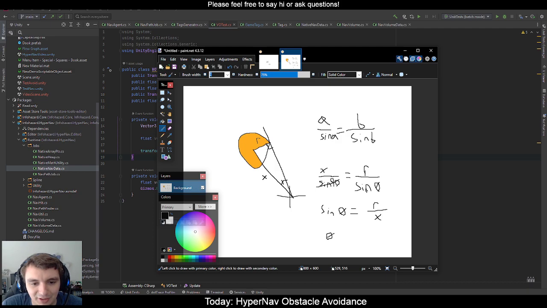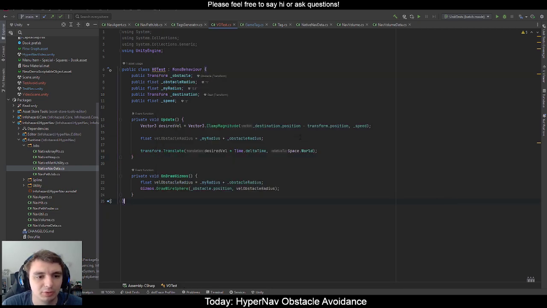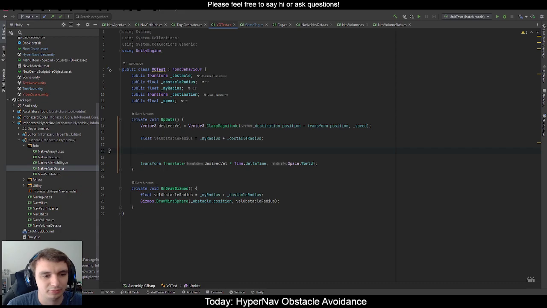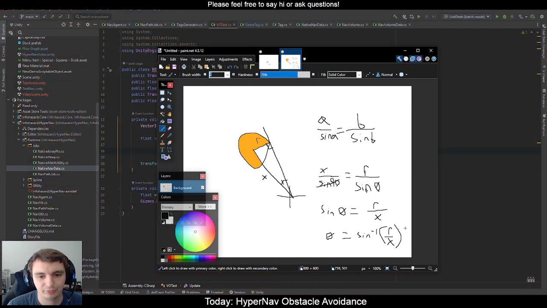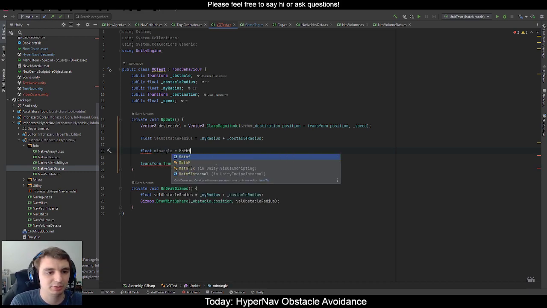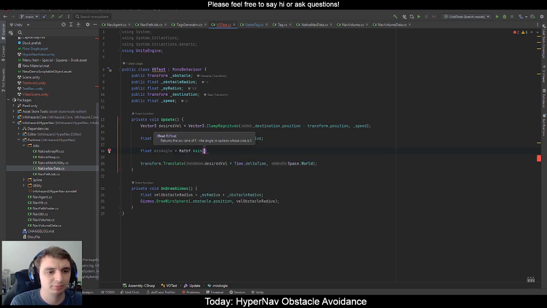Then the angle is inverse sine of r over x. Okay, so let's say float min angle equals Mathf.Asin of r.